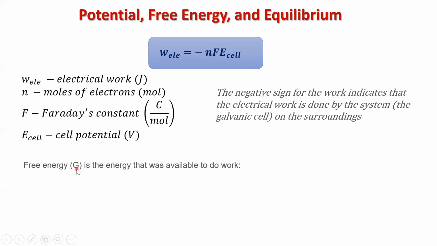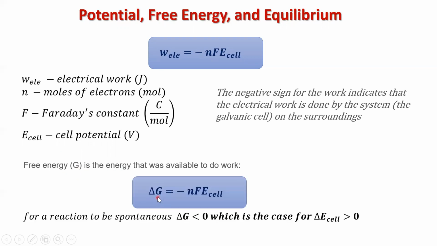Now, to relate that to our free energy value, our G value, the free energy is the energy that's available to do work. So what we can essentially do is substitute in delta G for W. So this is the equation that we would work with to relate free energy to our potential difference.